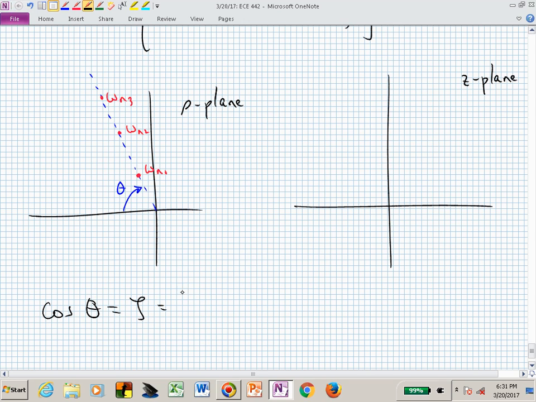Cosine of theta was this real part over the hypotenuse, or theta now was the inverse cosine of zeta.